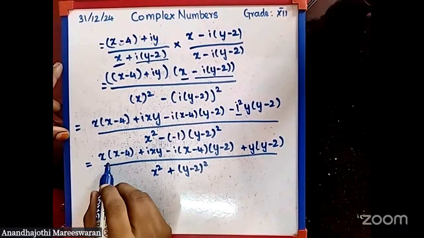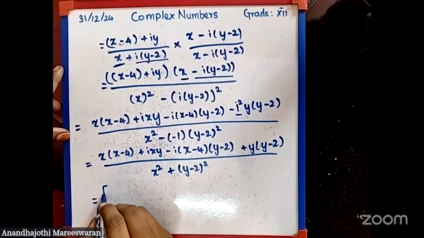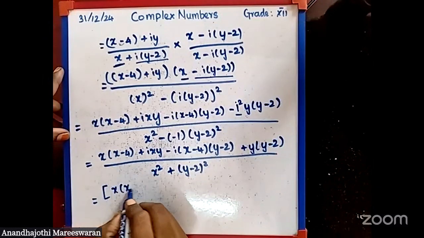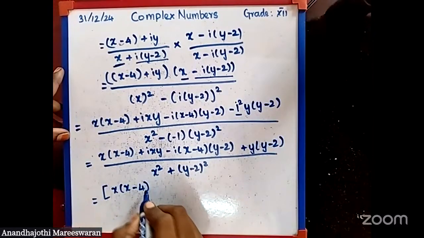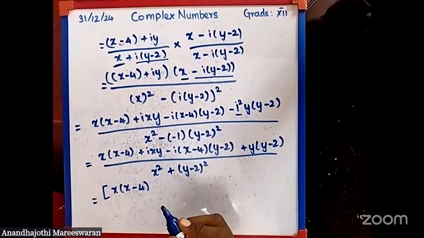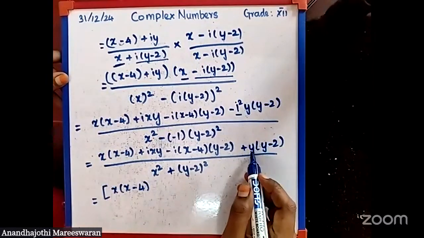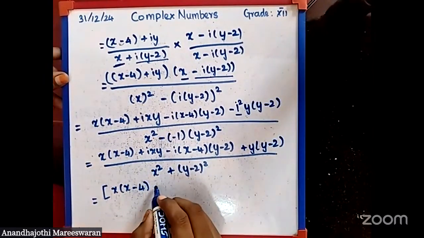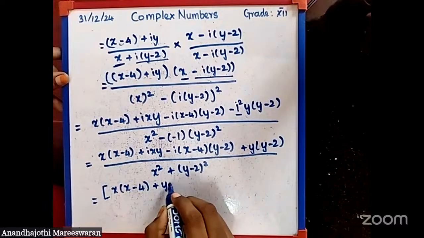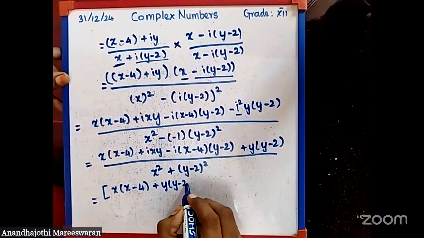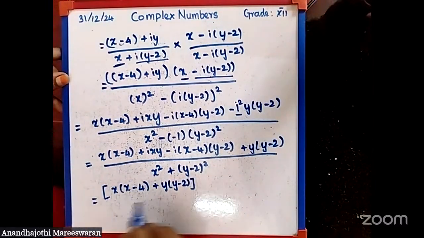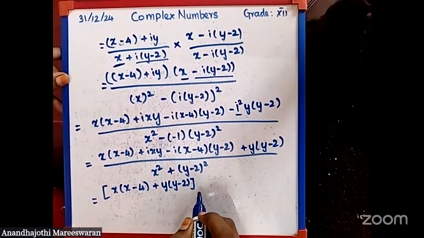Who are the real terms here? x into x minus 4. Fine. Take this. x into x minus 4, right? Then who else is here? y multiplied by y minus 2. So plus y multiplied by y minus 2, right? These lie in the real part. Who lies in the imaginary part?